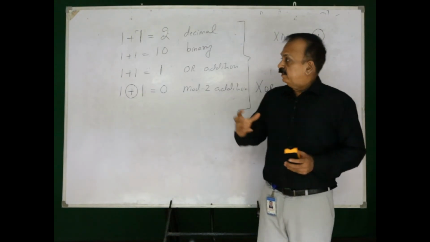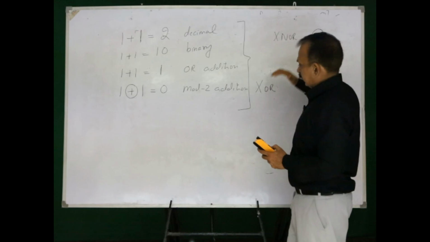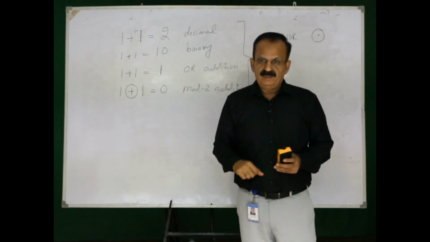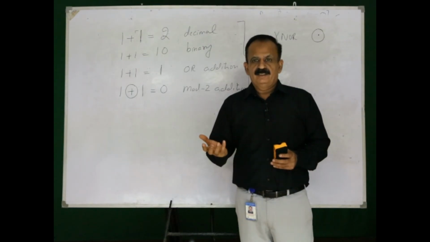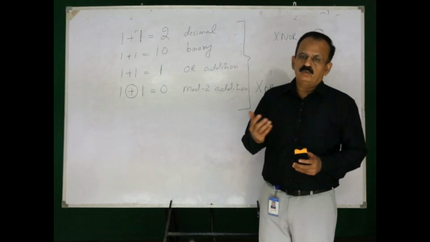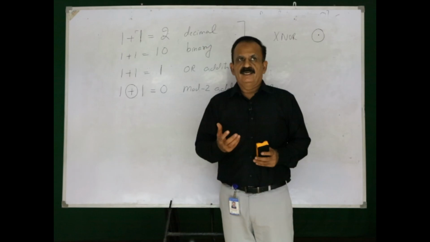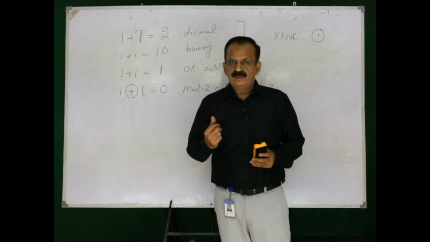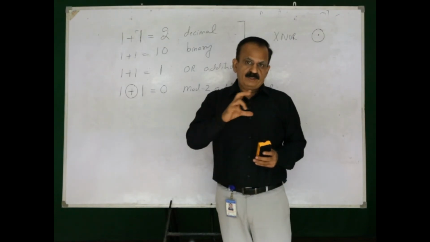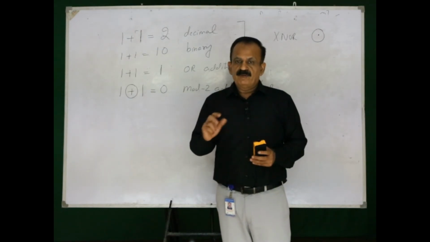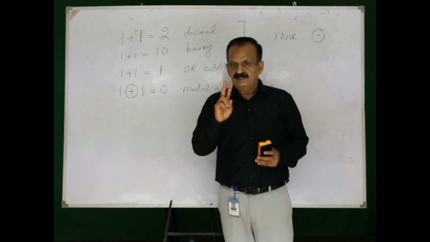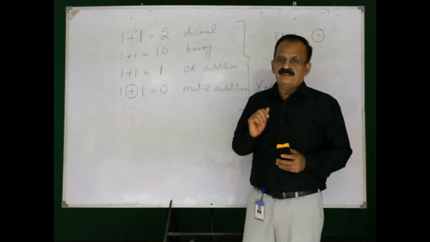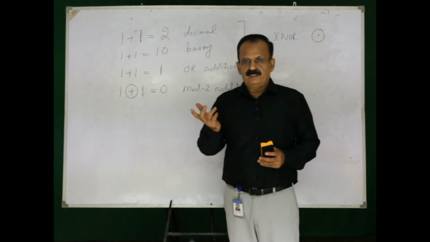Now these two gates, XOR and XNOR, can even be used for comparison, and we can have a question on how we can compare two numbers by using the XNOR gate. Now it is very simple. If you go through the truth table of the XNOR gate, when both inputs are the same, the output will be 1, and when both inputs are different, the output is going to be 0.